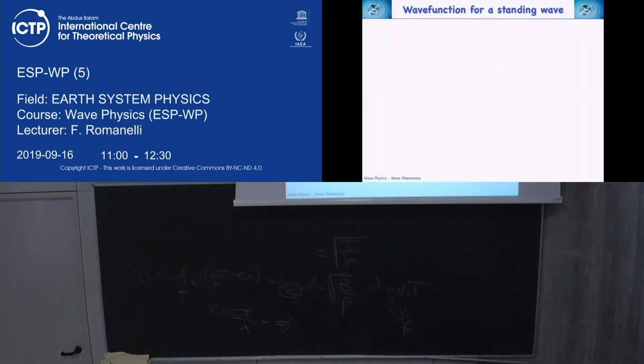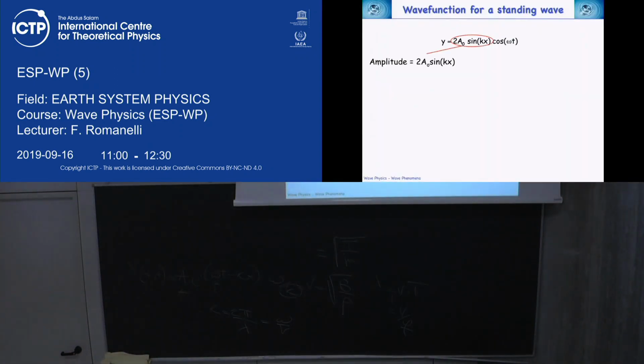We should start to describe this wave function here, that is a wave function that is no more related to progression of energy in space and time. It's not moving. Its motion is localized in some antinodes, and it is zero in some nodes. Where do they happen?